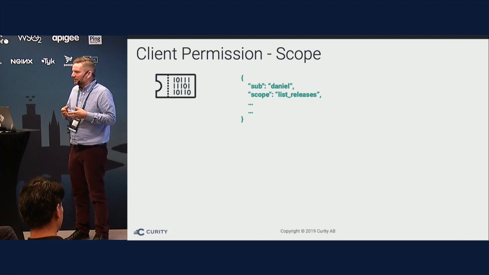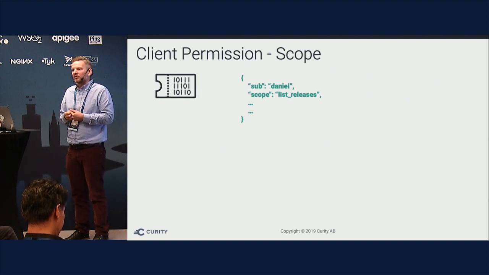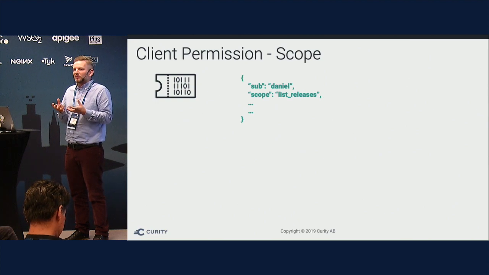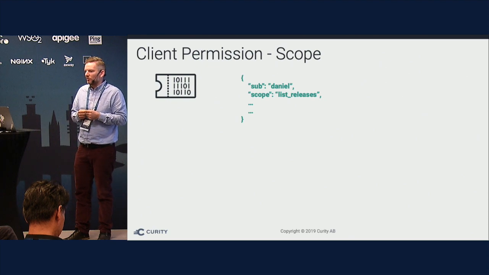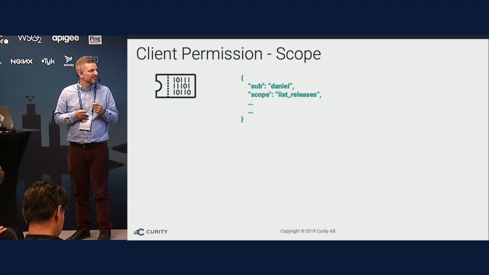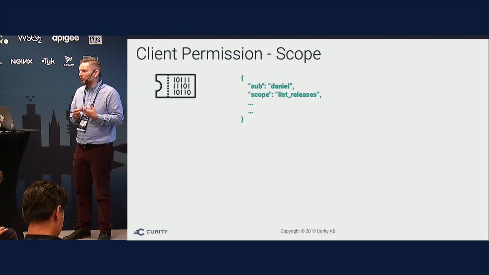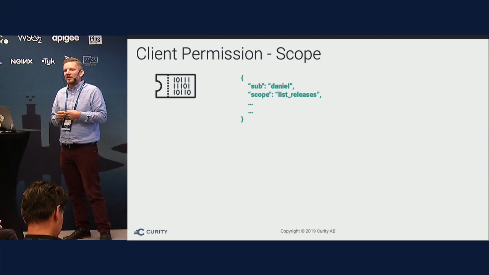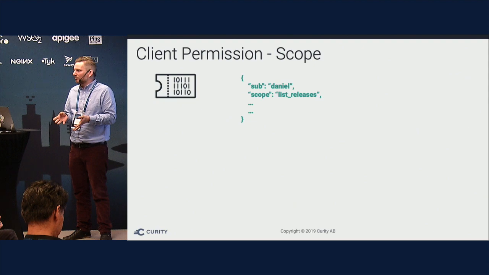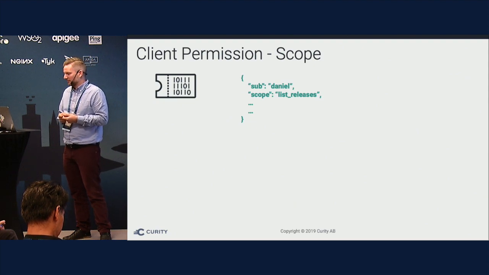And the definition of these scopes is up to the implementation, I would say. OAuth just says that they're strings. So in this token, we have the scope list releases, which implies that using this token, we can call some API and get a bunch of releases back in a list.